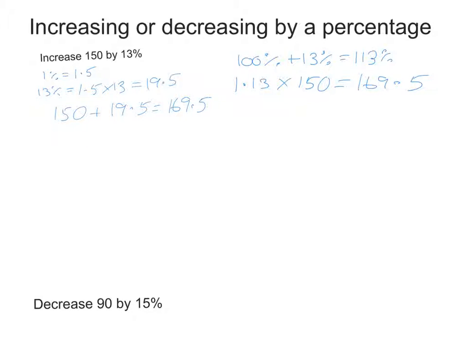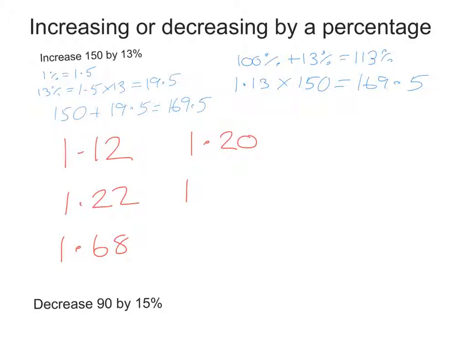Say you were increasing something by 12%, your multiplier is 1.12. If you increased by 22%, it's 1.22. If you increased by 68%, it's 1.68. If you increase by 20%, it's 1.20.